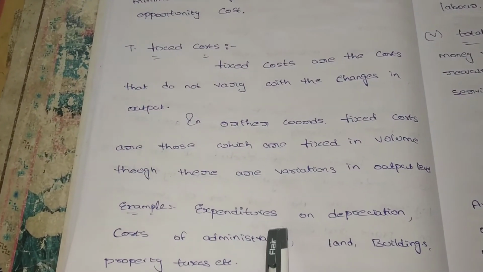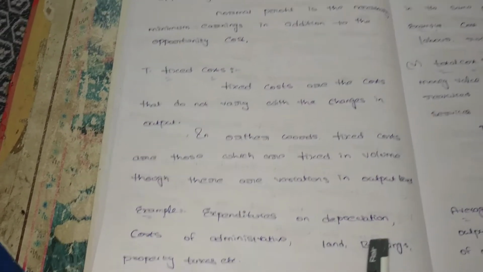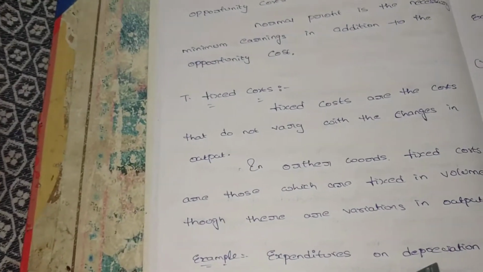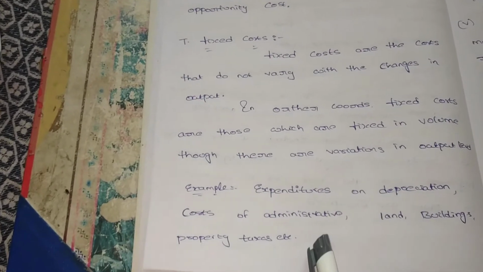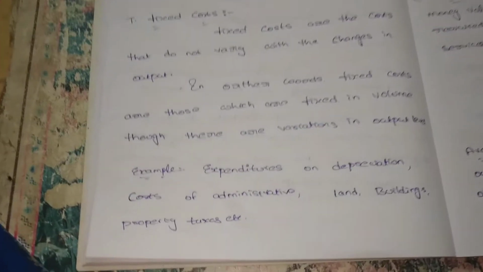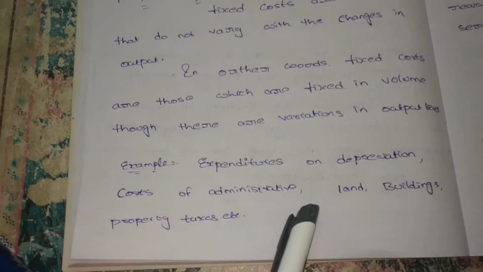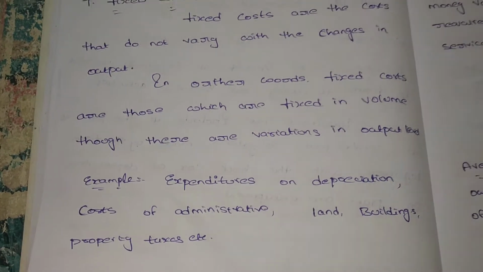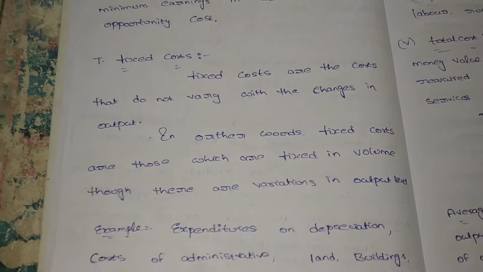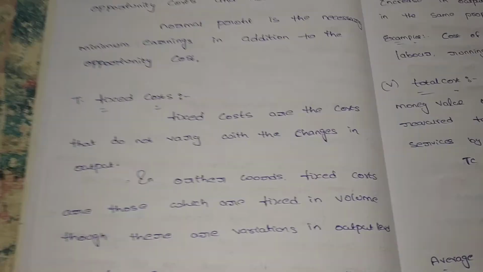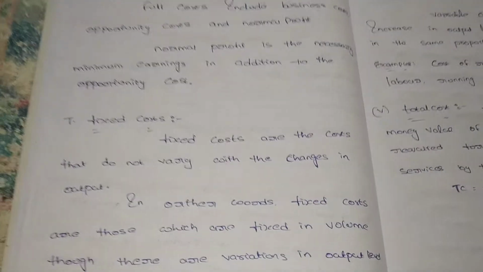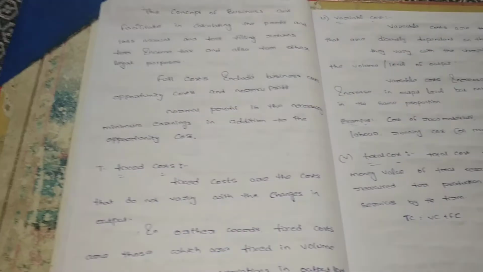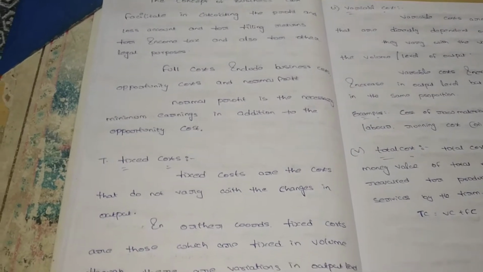Examples: expenditure on depreciation. When there is machinery, whether we produce goods or not, we have to pay depreciation expenses. And cost of administration. Whether we produce goods or not, we have to pay administration cost. Land and building, property taxes, all these come under the fixed cost. What is a fixed cost? Fixed cost means it is fixed and constant. If there is any change in output, there is no change in the fixed cost. If the company wants to produce 0 units, the fixed cost is constant.